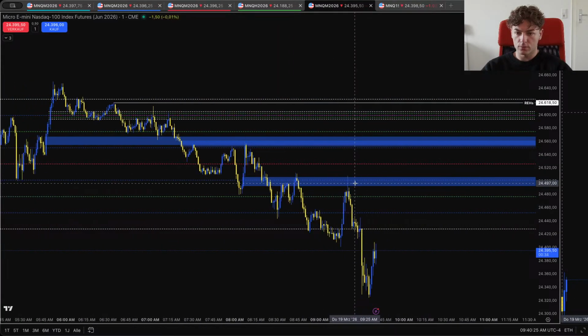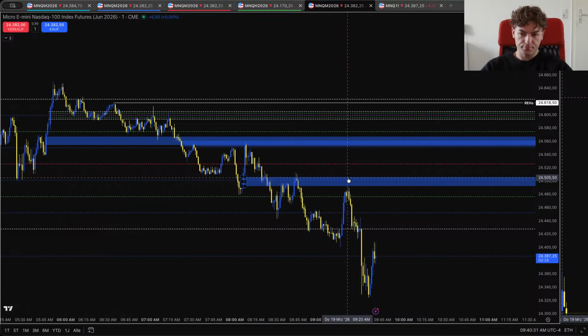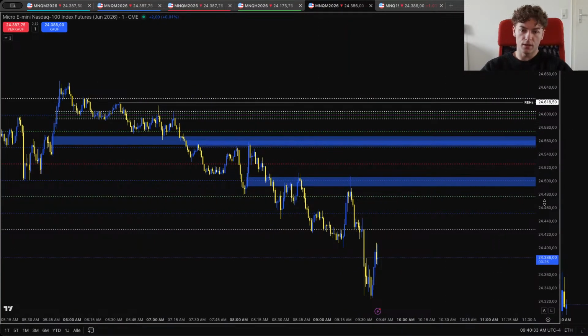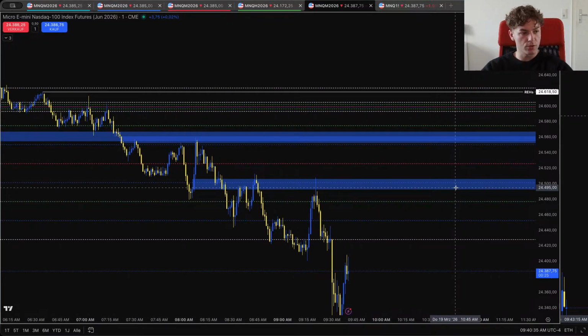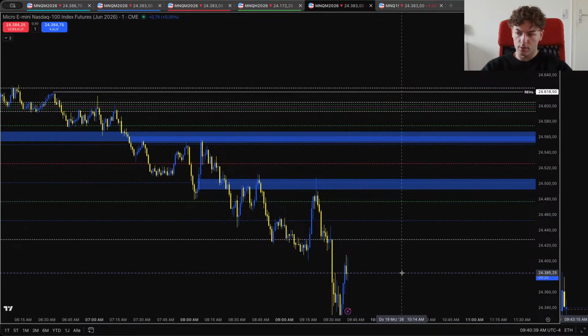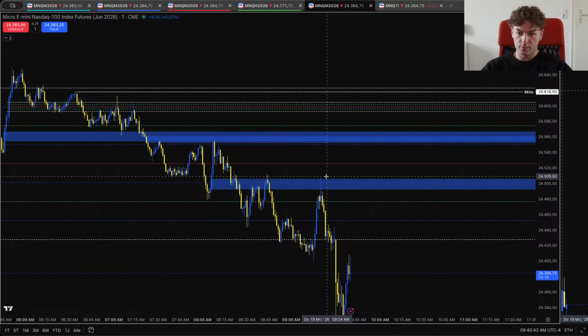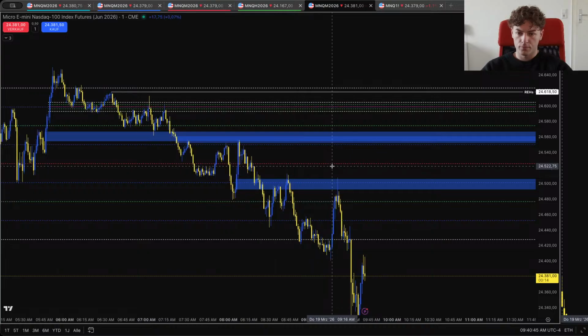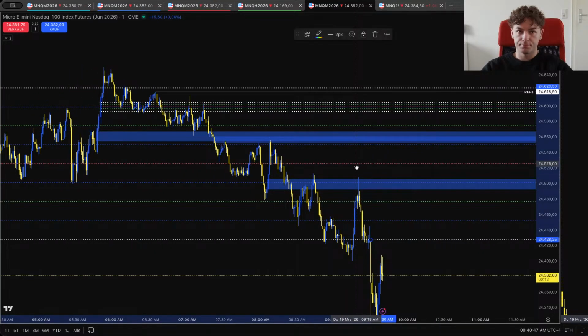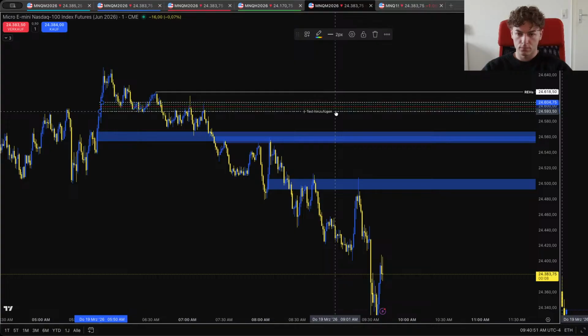That would be a beautiful buy side liquidity pool, also providing a premium array that we can short from. So that's the game plan for today. Bias is bearish. We want to see these relatively equal highs be taken out. Let's see.